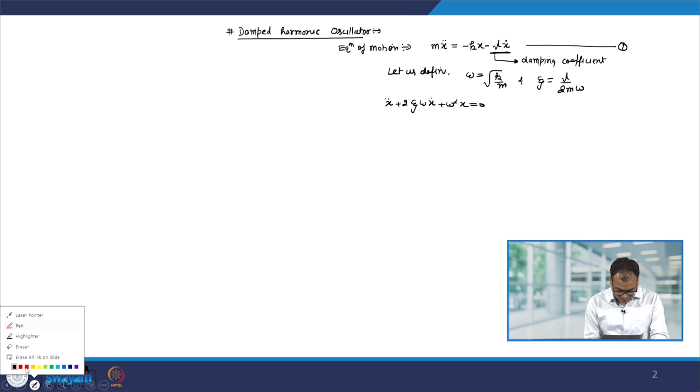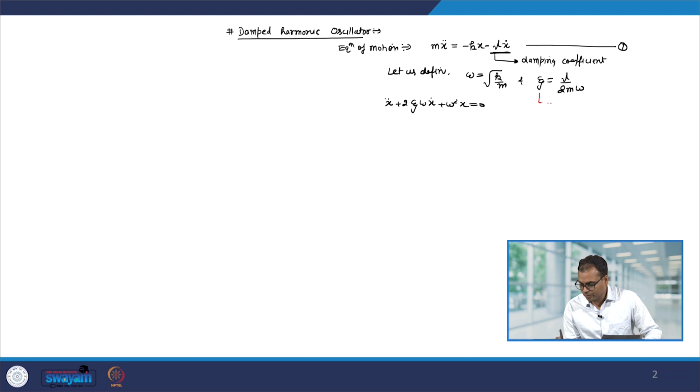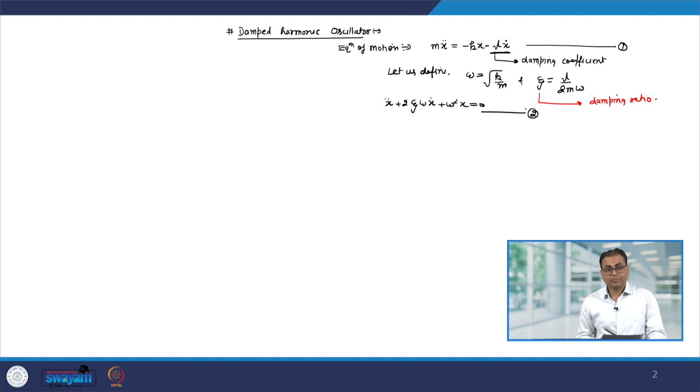Here this zeta is the damping ratio. Let me call this equation number 2, and this is the differential equation of a damped harmonic oscillator.